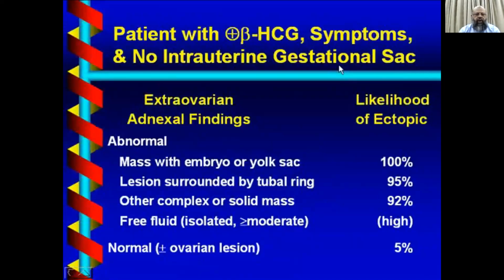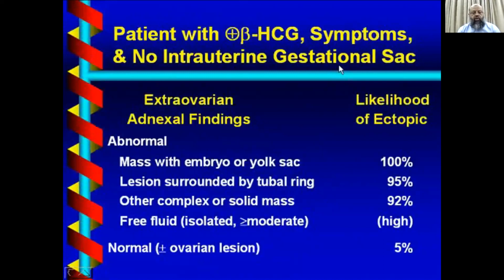A mass with embryo or yolk sac, the chances of ectopic are 100%. A lesion surrounded by a tubal ring, the chances are 95%. Other complex or solid mass, the chances are 92%.